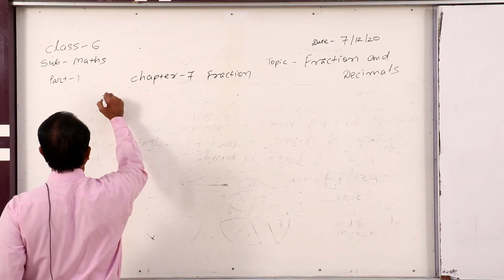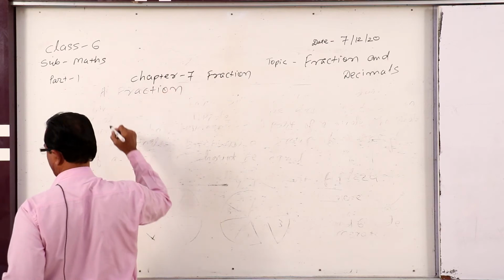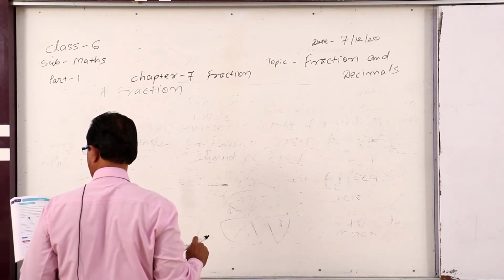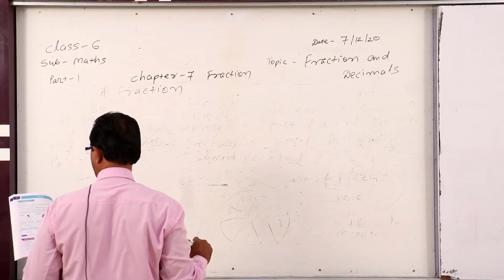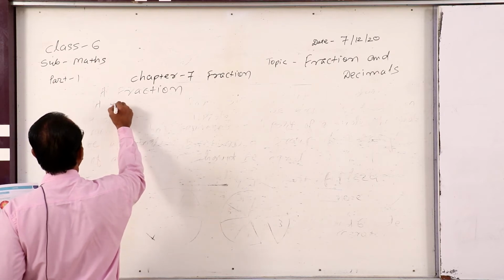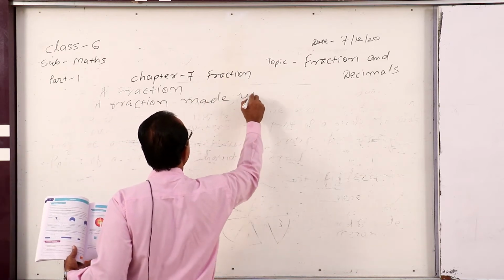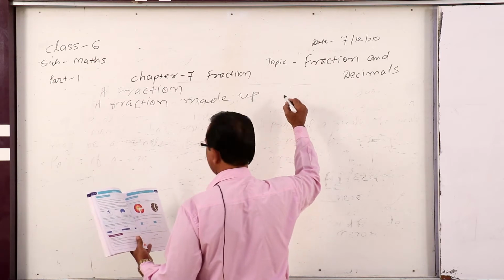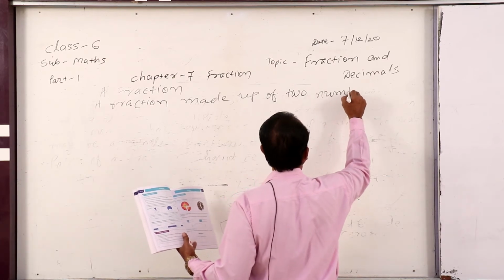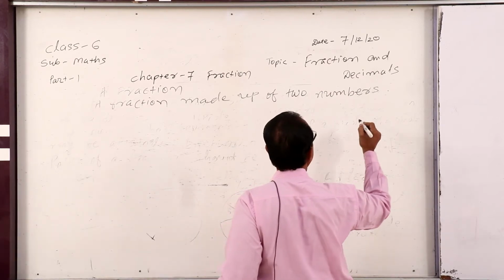A fraction is made up of two numbers, the denominator and the numerator.